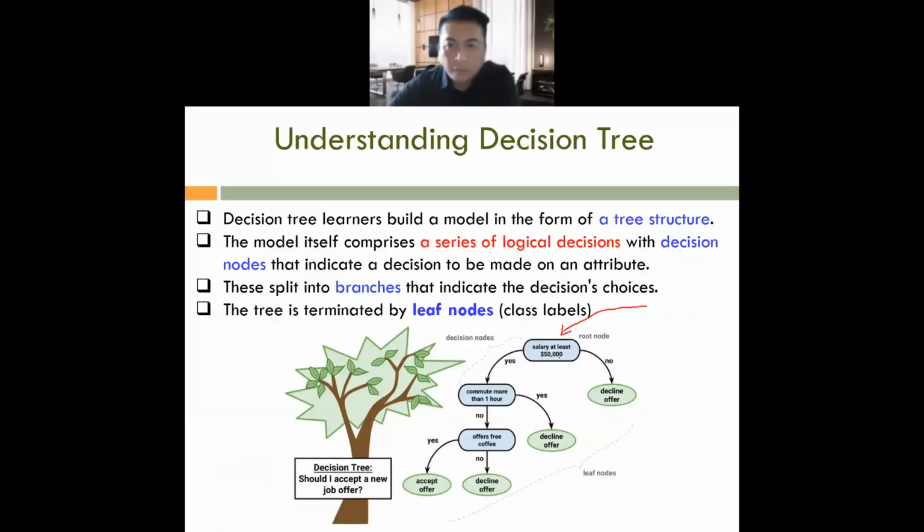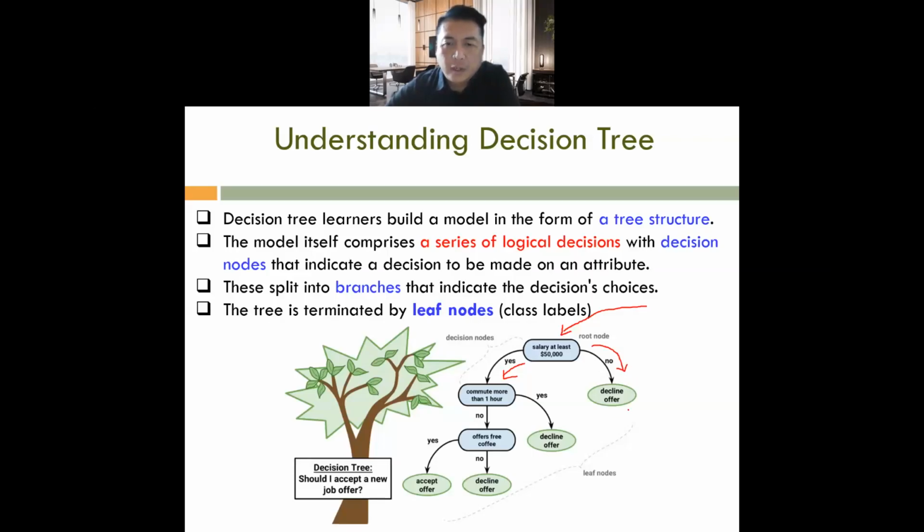Okay, we start from here, and we will follow the path depending on the value of each of the nodes that we have. So for example, in this root node, we consider salary at least 50,000. If the answer is yes, we will go to the left. If the answer is no, we go to the right path.